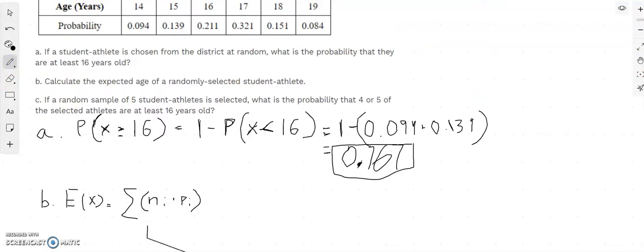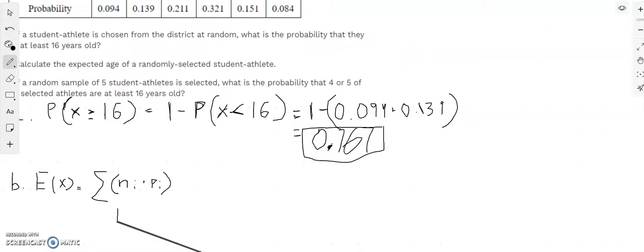So we'll do 14 times 0.094 plus 15 times 0.139.